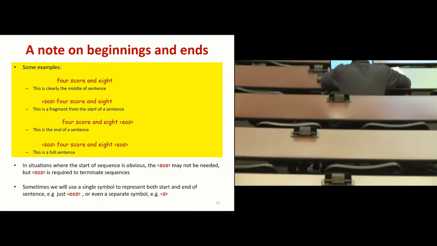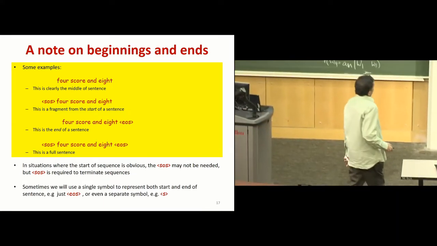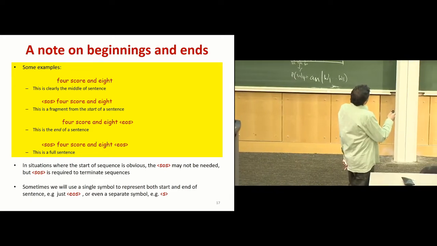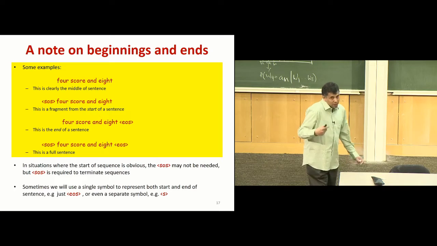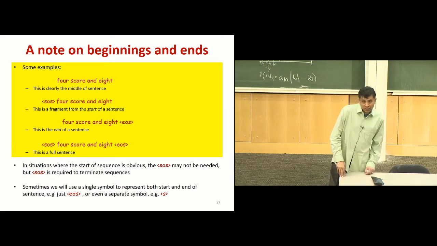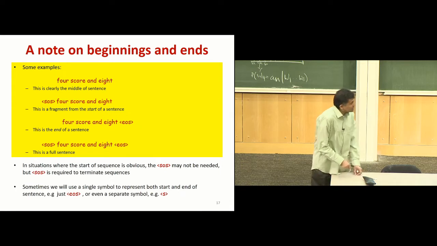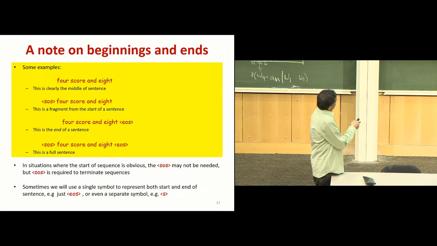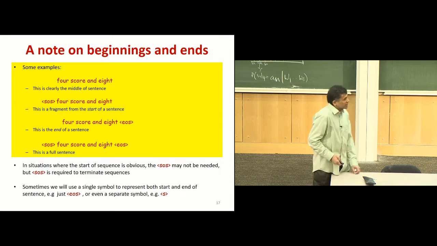So this is clearly a sequence of words in the middle of a sentence. Whereas if I saw something like this, a start of sequence 4 score and 8, because the first symbol here is the start of sequence symbol, this means that these 4 words represent the first 4 words in a sentence. These are from the beginning of a sentence.